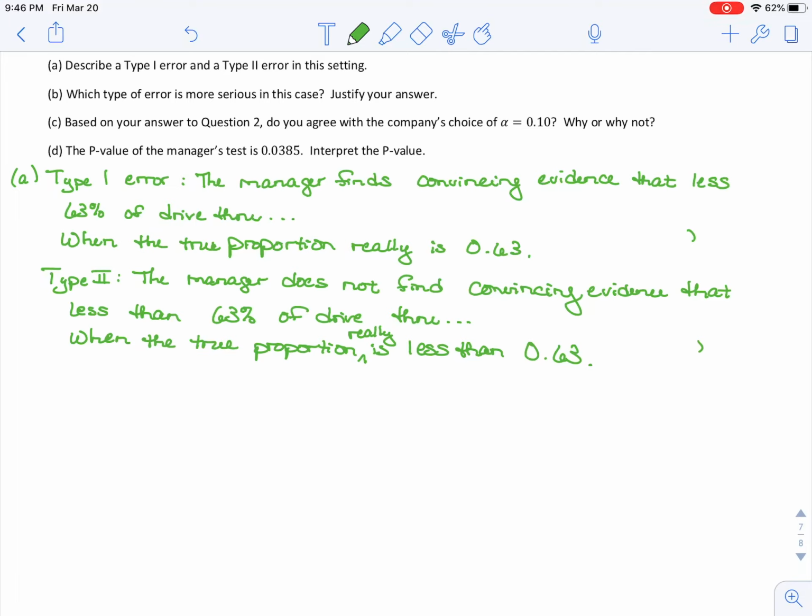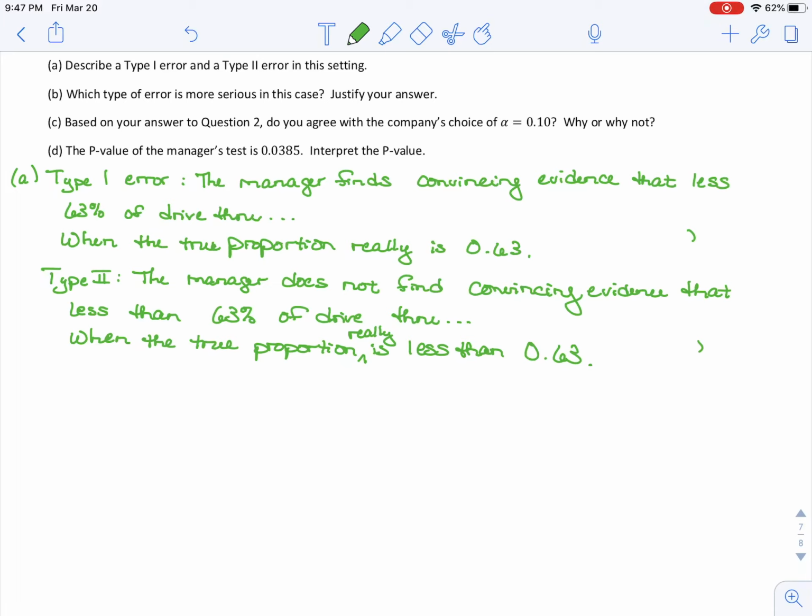Part B is which one's more serious in this case? So we're trying to figure out which one is more dramatic. The type 1 error is the manager thinks that the additional employee reduces the people who have a really long wait time when it's not really the case. Whereas type 2 is they get this extra person, they don't find evidence that it's less than that, and it really was less than that.